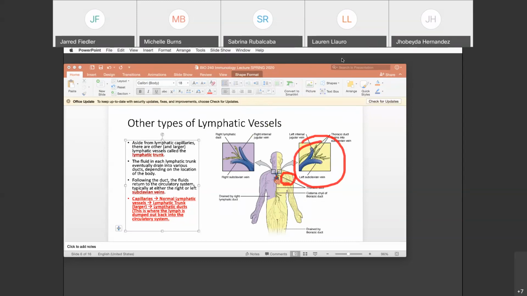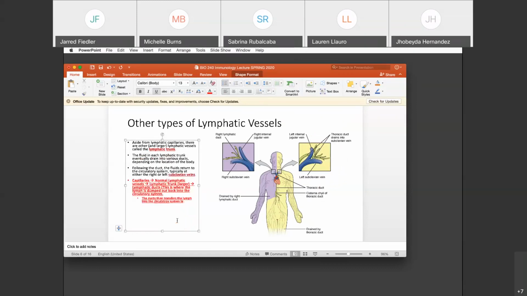Let me just type this up for you guys here too. Ducts then transfer the lymph into the circulatory system by the jugular.